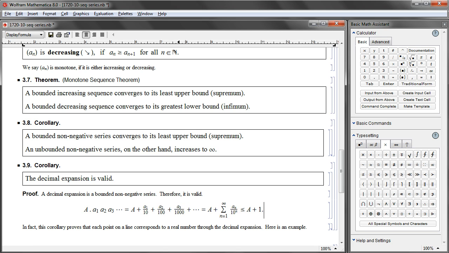That's an increasing sequence of partial sums, and it's bounded because it's less than a plus 1. All these decimals will never exceed 1, so it's bounded. So we have to have a convergence, so the decimal expansion is always valid.